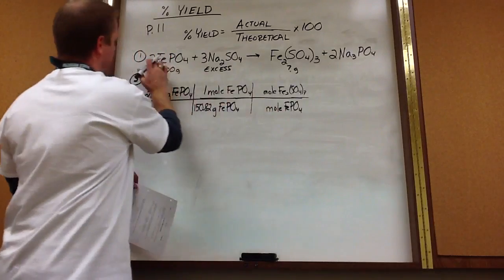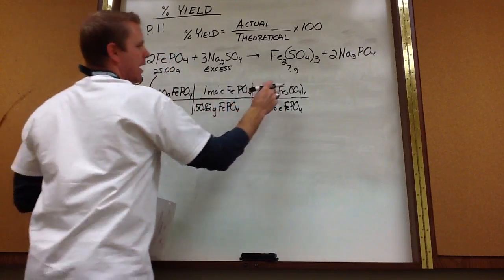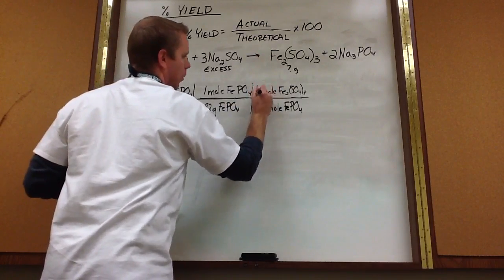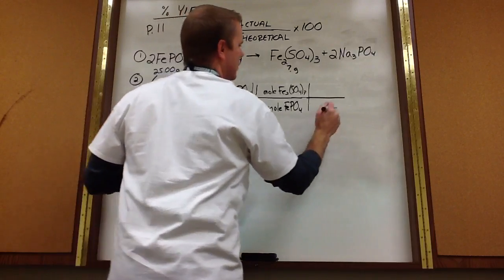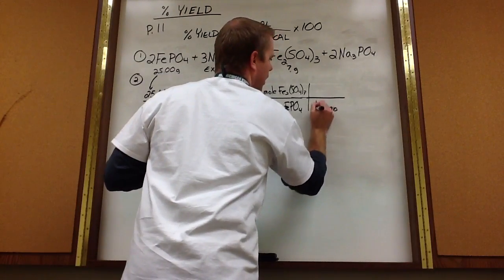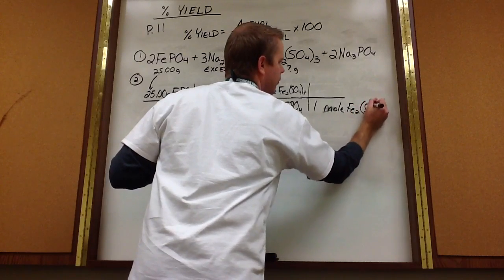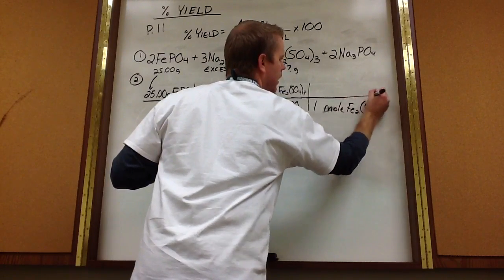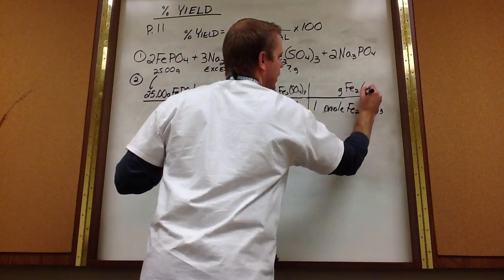For FePO4, there are 2 of them, so there's a 2 there. That 2 came from right there. And for Fe2(SO4)3, there's a 1. Now I have to figure out, in 1 mole of Fe2(SO4)3, the molar mass of it. What is the grams of Fe2(SO4)3?